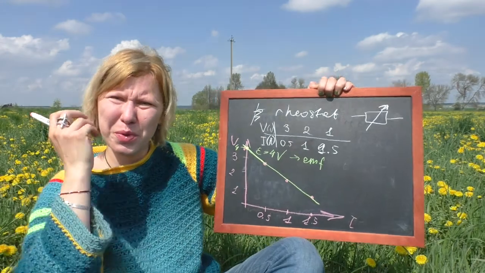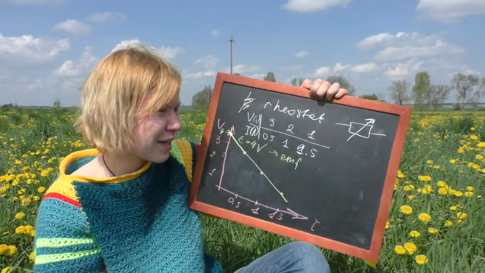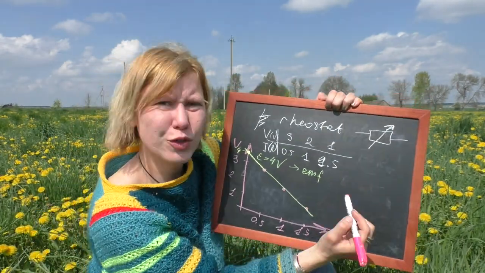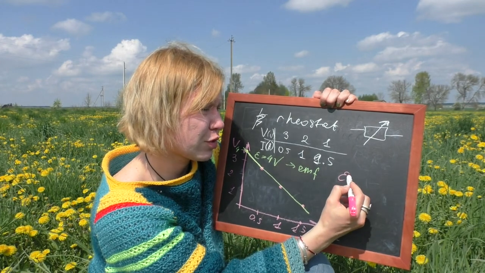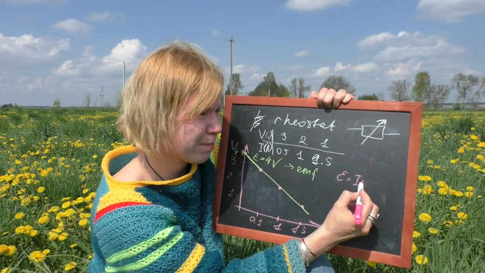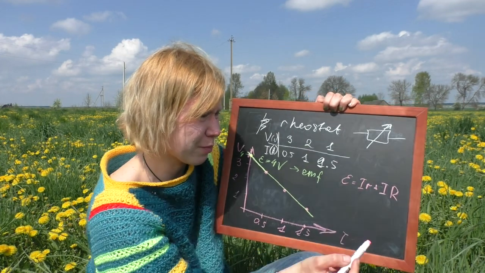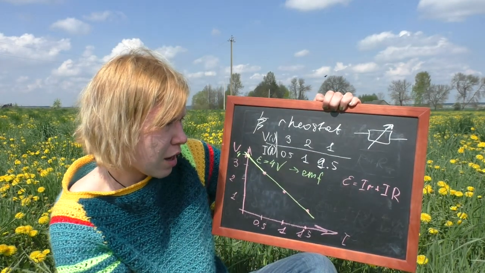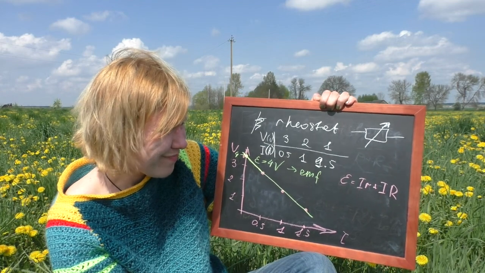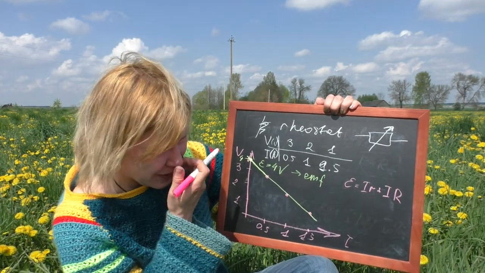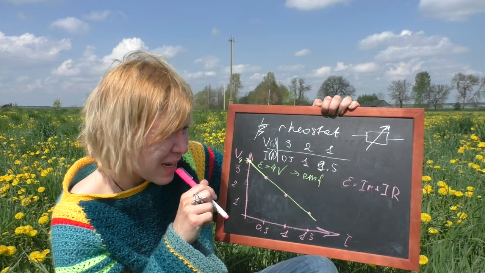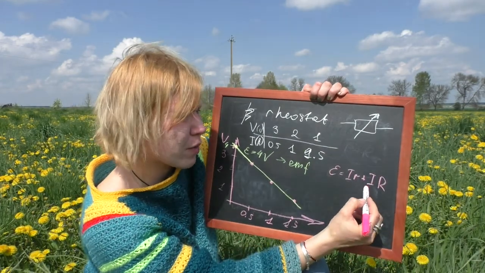Also, that's not all, we want to find the internal resistance here. How can we do that? We can also use the formula that we already used, where epsilon is r small plus r big. So what can we do here? Here is our voltage.